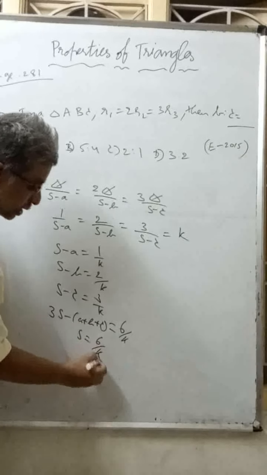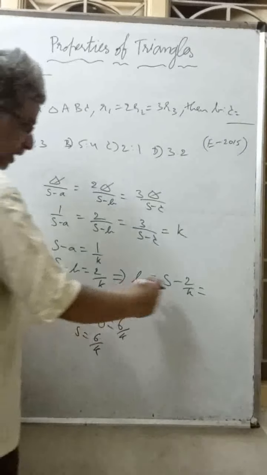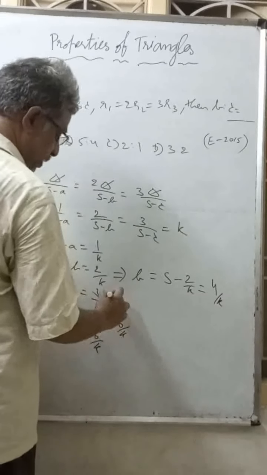I need the ratio of B is to C, means I need B, I need C. B is nothing but S minus B to this side, 2 by k to this side. S minus 2 by k is equal to 6 by k minus 2 by k is 4 by k.